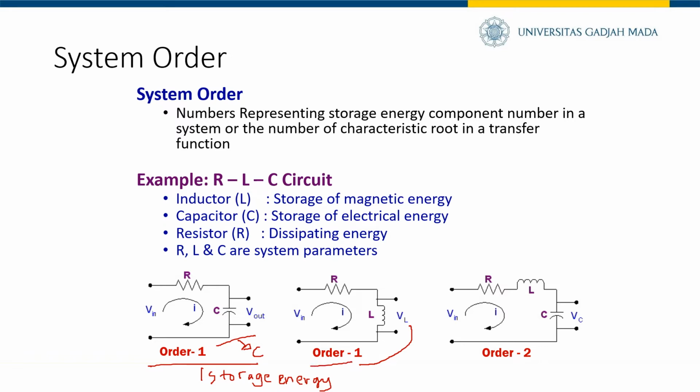Different from the third system, it has two energy storage components, which are the inductor and the capacitor. So we call it a second order system.